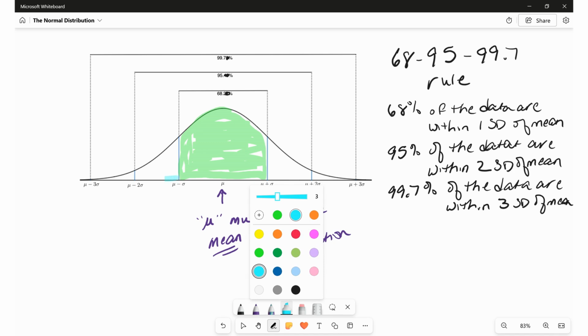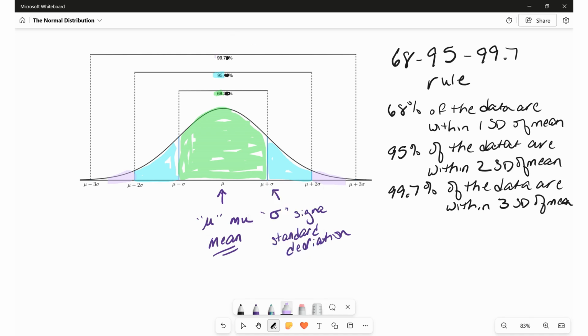And if we add in these pieces here and here, now you have a total of 95% of your data. And if we finally include these tails out here, now you have 99.7% of your data.